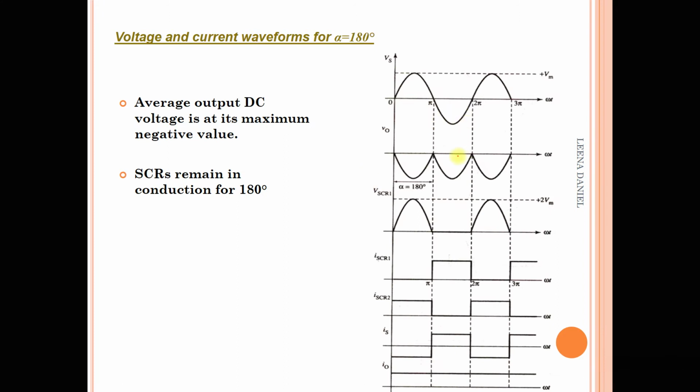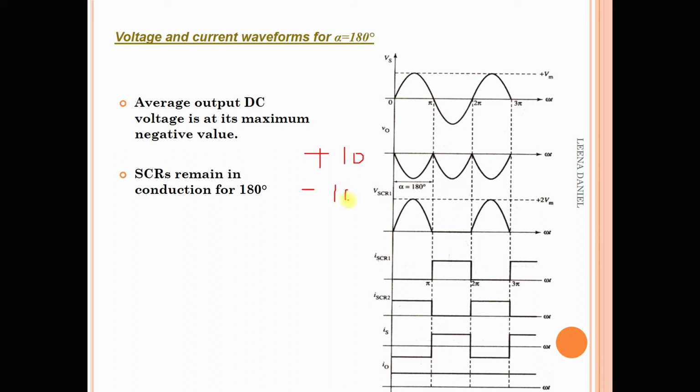For alpha equal to 180 degree, we get only the negative half in the circuit, which means we inverted the output voltage from positive to negative. Means here we get a negative value, the voltage will be DC negative. If earlier we were getting, say, plus 10 volts, now if we put alpha equal to 180 degree, we get minus 10 volts.